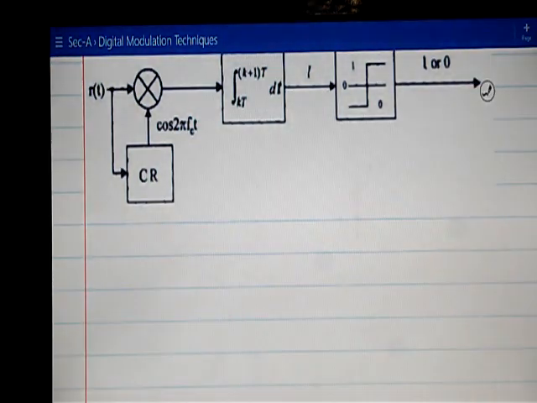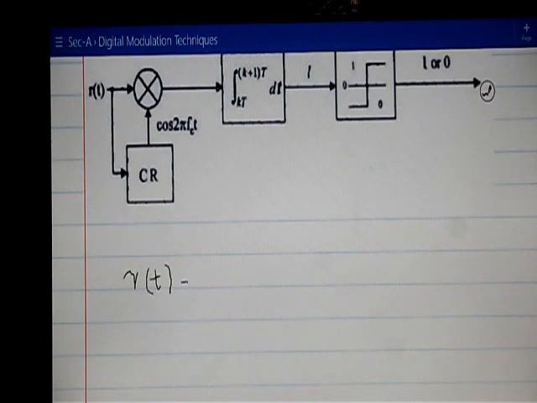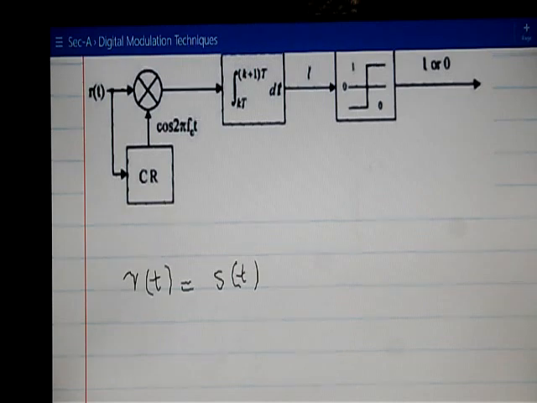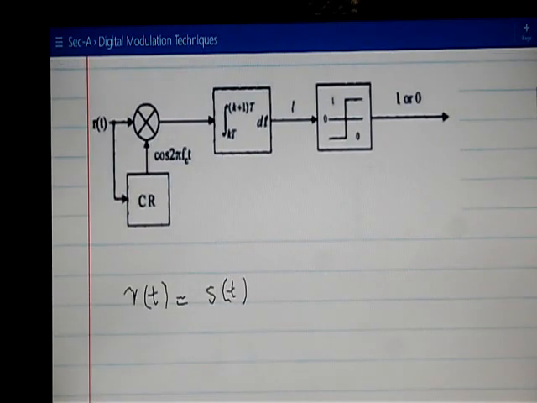Now keep this in mind. Your R of t is actually S of t, which you transmitted. We are ignoring the noise and the channel effect right now, just assuming an ideal system, and then we will discuss the performance in white noise later on. But let's try to understand this ideal demodulator.